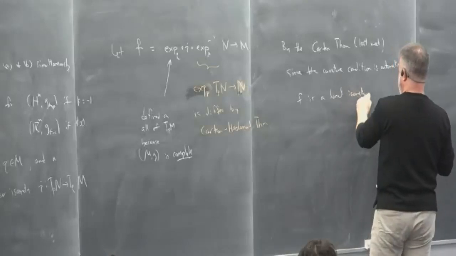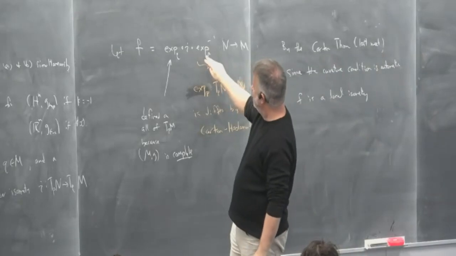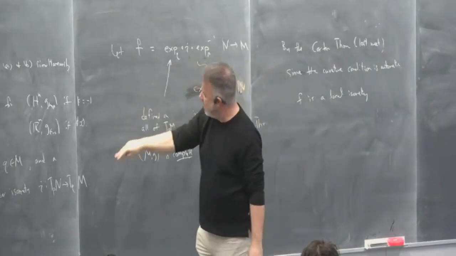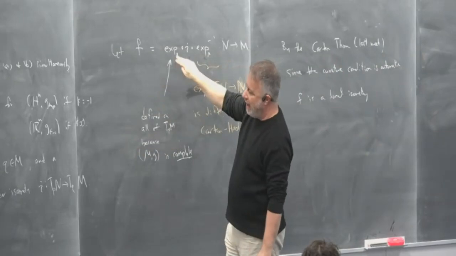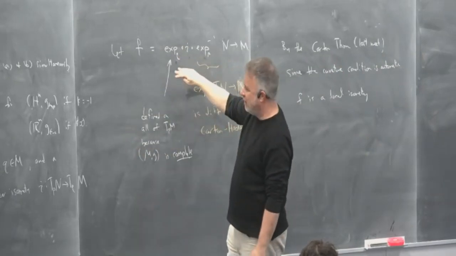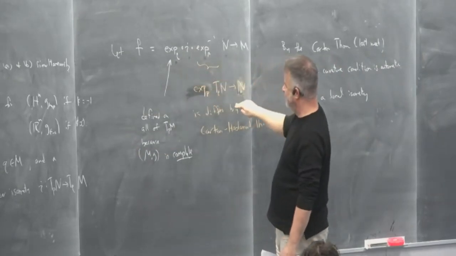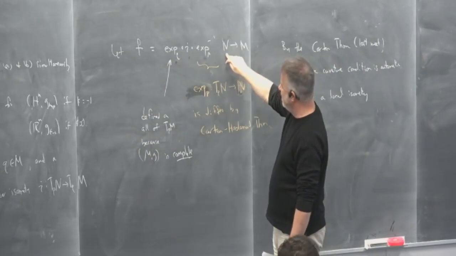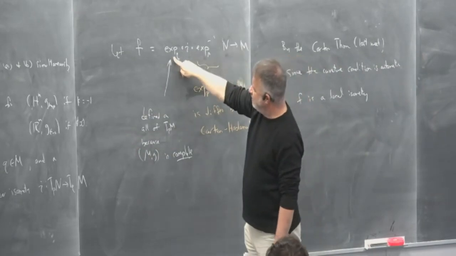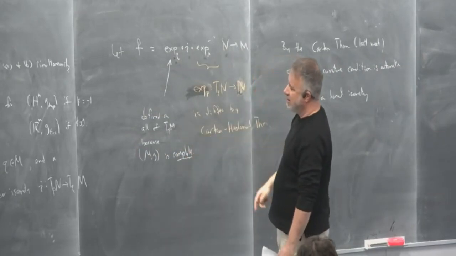So let me remind you what the Cartan theorem said. It was exactly this setup, right? We looked at the inverse of one exponential map followed by this linear isometry followed by the other exponential map. And there we had a local result, because we didn't know that these things were defined globally. But here, X_p is a global diffeomorphism because N is non-positively curved and complete. And X_q is defined on the whole T_pM because M is complete.